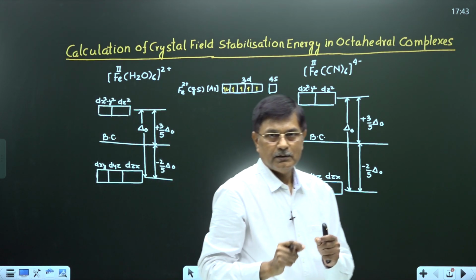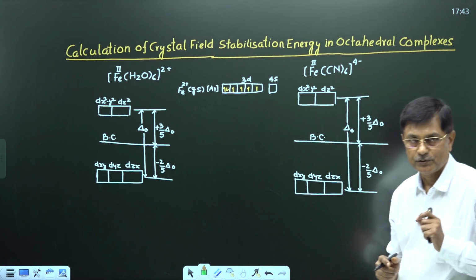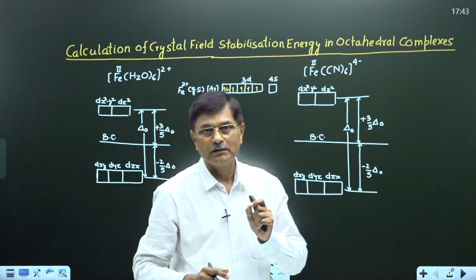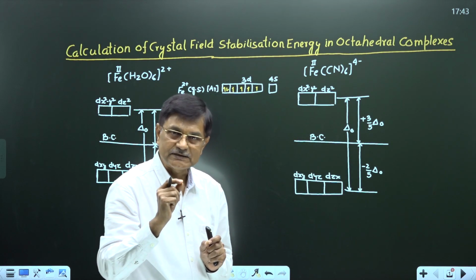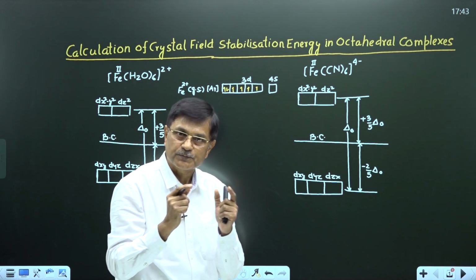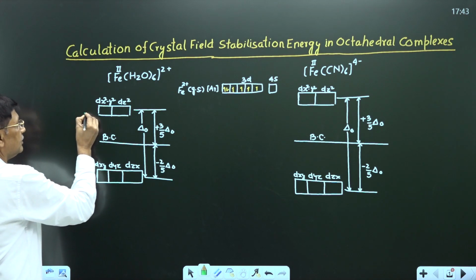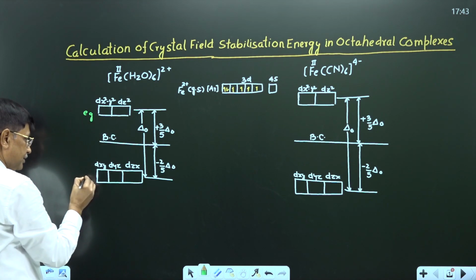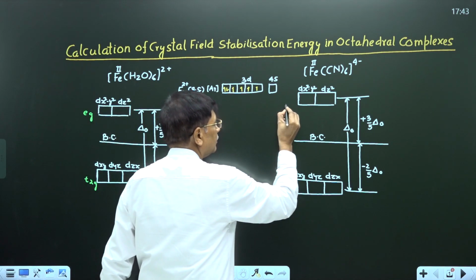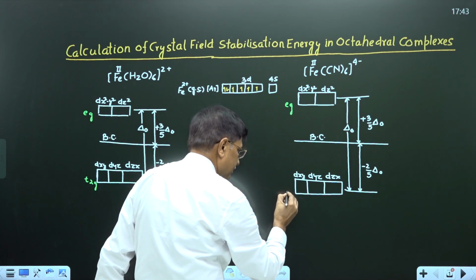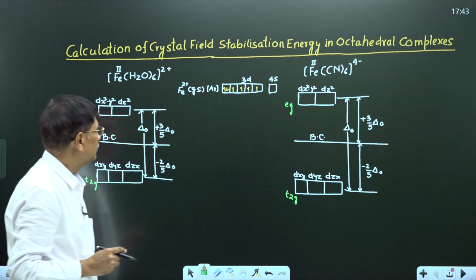In the previous video lectures, I have taught you that in an octahedral ligand field, d orbitals of the central metal cation split into two sets of orbitals, Eg and T2g.